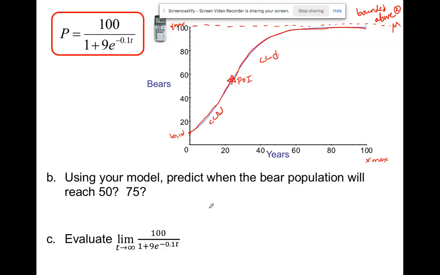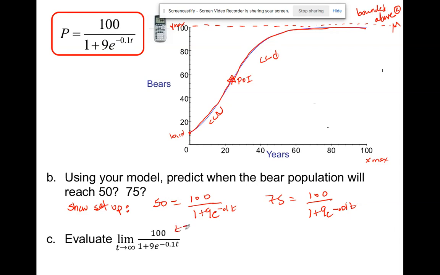So let's use our model and predict when the bear population will equal 50. You have a calculator, so please, please, please show the setup. You don't have to show any calculations. 50 is equal to, and 75 is equal to, and then give me your answer.